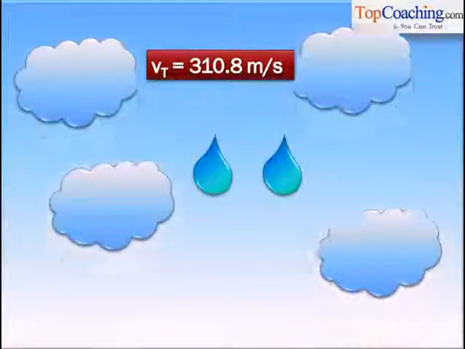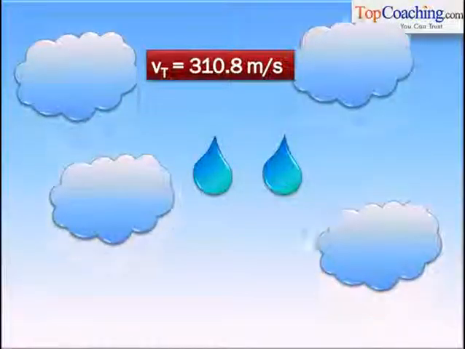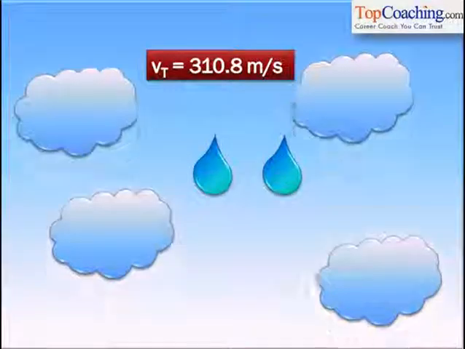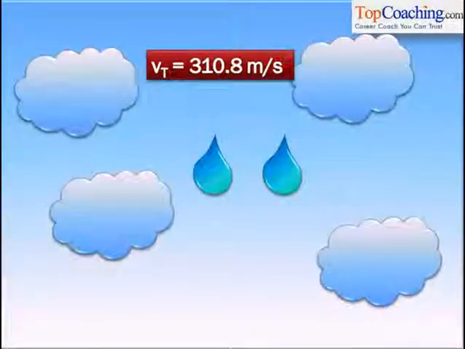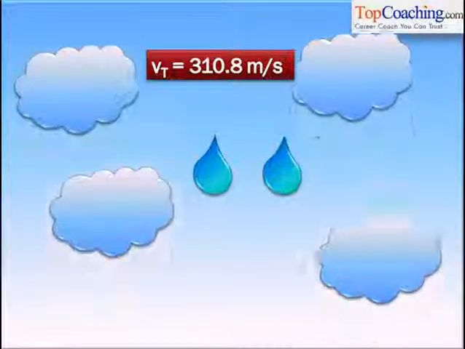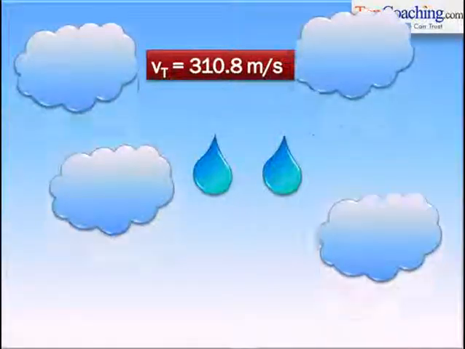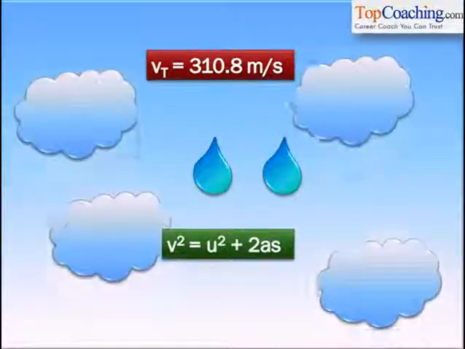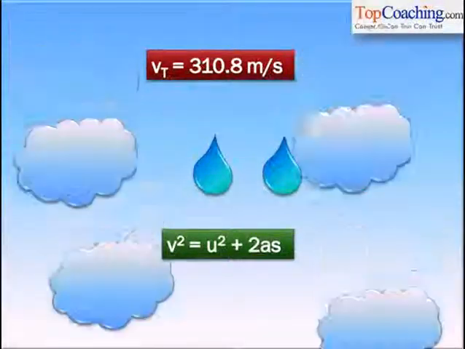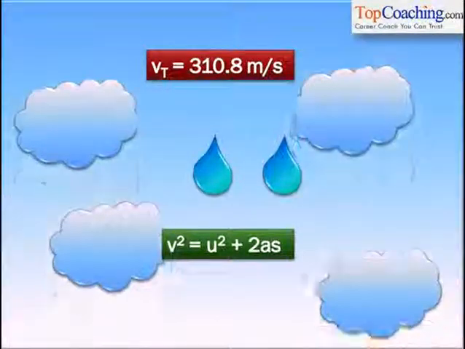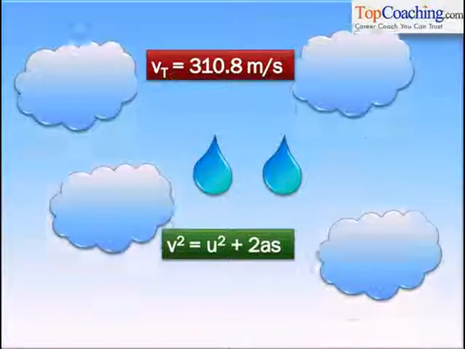If we neglect the buoyant force, then the raindrop is actually attaining its terminal velocity only because of the acceleration due to gravity, isn't it? We will also assume that the raindrop is attaining its terminal velocity only because of the acceleration due to gravity. In that case, we can apply the formula v square equal to u square plus 2as to calculate the distance traveled by the raindrop, after which it attains terminal velocity.